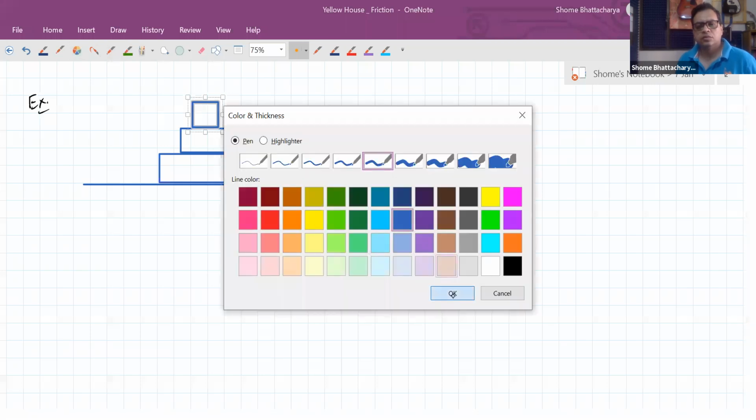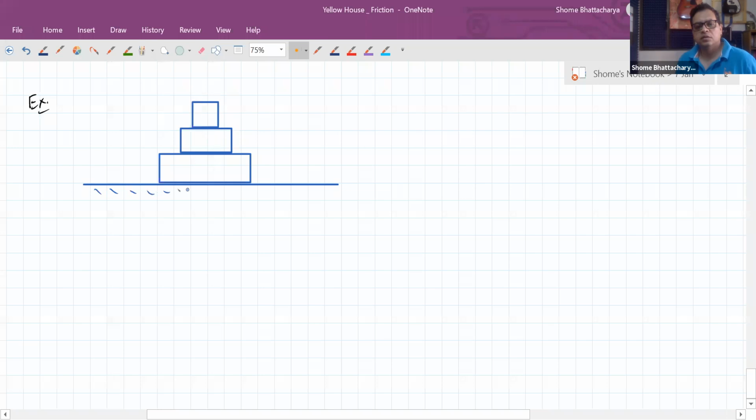So no need to get too hassled about a problem like this just because it looks like there are a lot of things. Okay, but let's say between these two blocks, there is a coefficient of friction of 0.2, and between these two blocks, there is a coefficient of friction of 0.6.